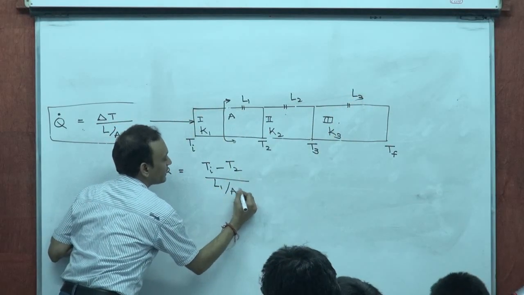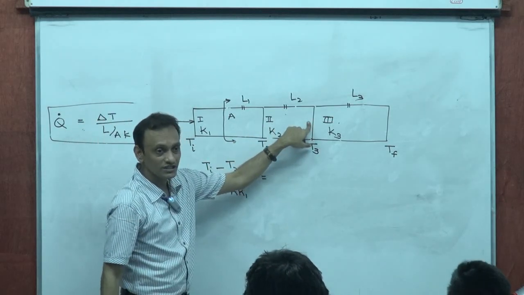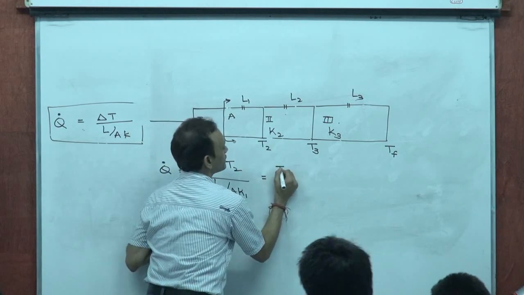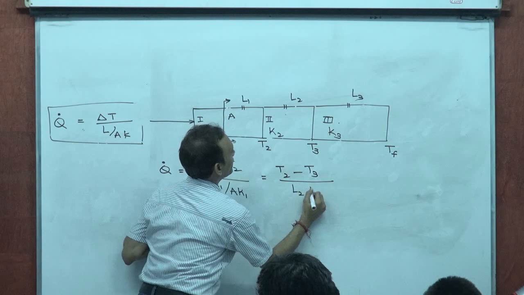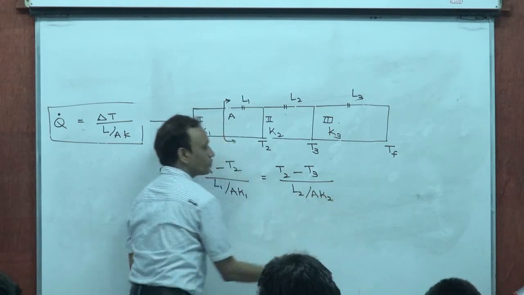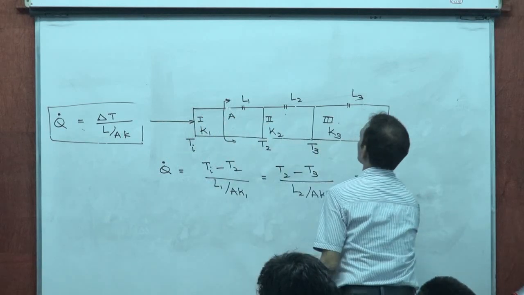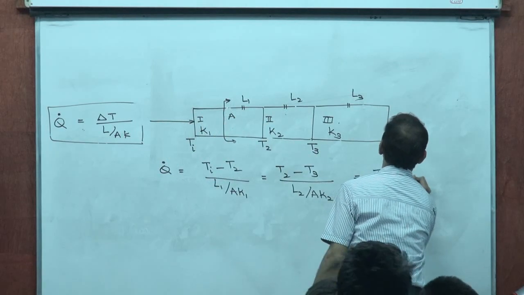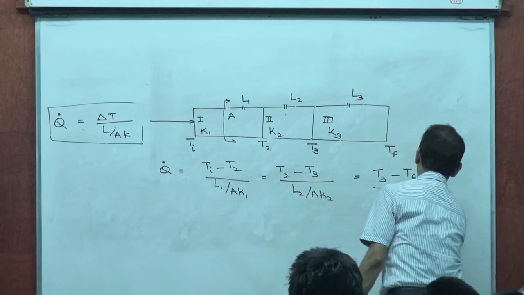L1 by AK1. So that is the heat current through this, which is like (T2 minus T3) divided by L2 by AK2, and that must be the heat current through this, which is (T3 minus Tf) divided by L3 by AK3.